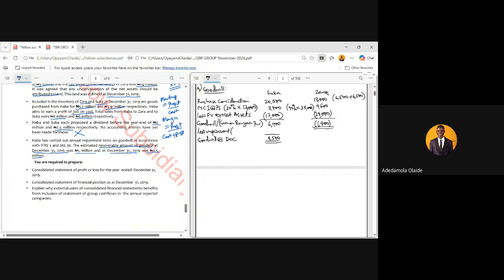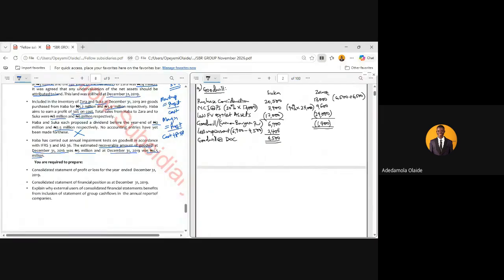If the recoverable amount is lower than the carrying amount, we use the recoverable amount. That's what impairment is all about. Now, how much is the impairment? The goodwill initially was 6,900 minus the value now, which is 4,500. That will give us 2,400.